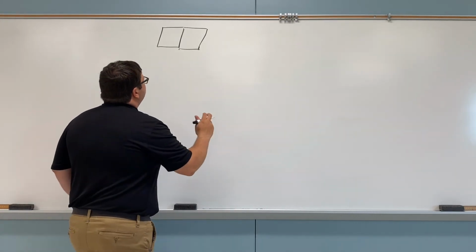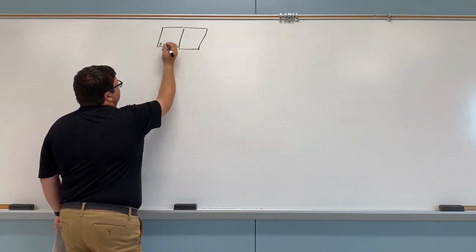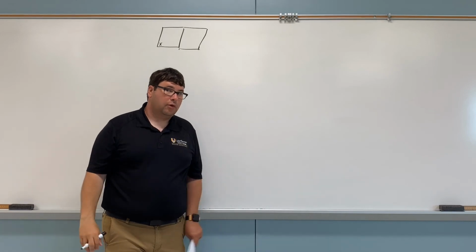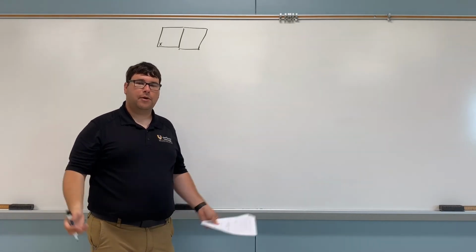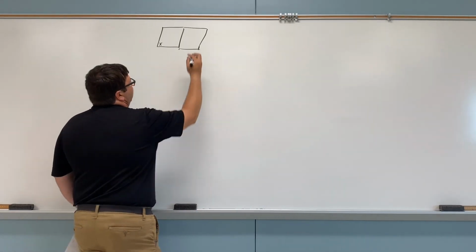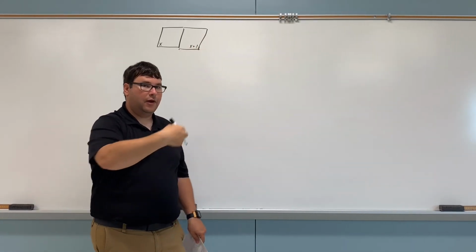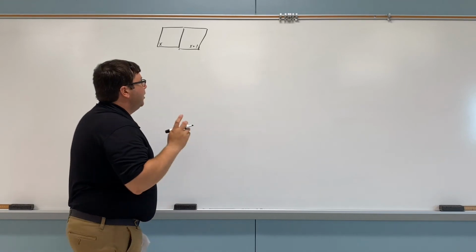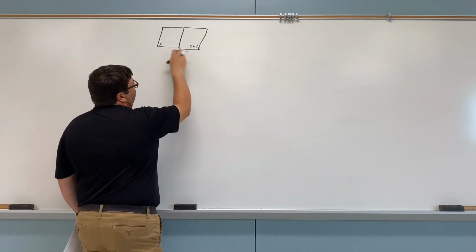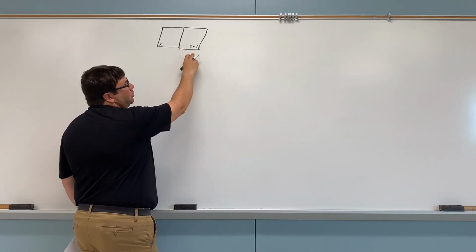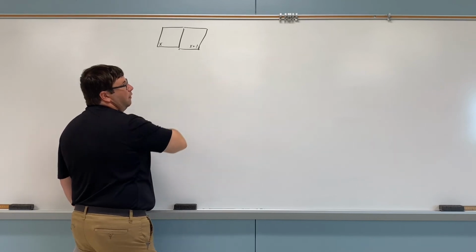And so what we're going to do is say that the first page is X. We don't know what page we started on. We just opened the book up. But we know the next page is X plus 1. It's the next page. But we do know that the sum of these integer values is 469.